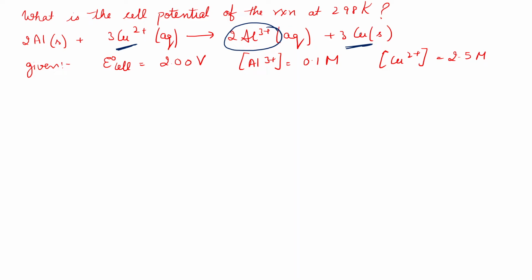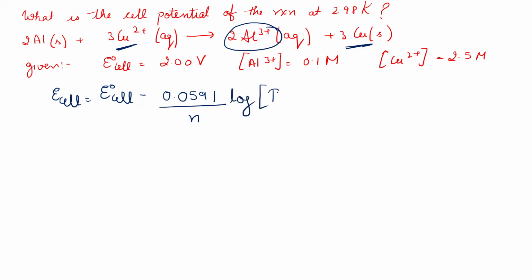Given the E naught cell for the reaction, the aluminium ion concentration and the copper ion concentration, please try to calculate the cell potential, E cell. Try to use the Nernst equation. Writing the Nernst equation first, E cell is equal to E naught cell minus 0.0591 by n log.